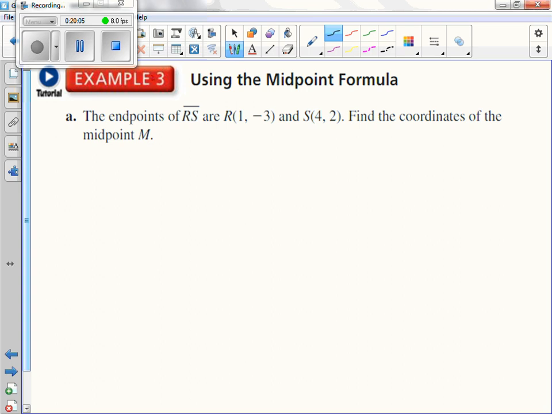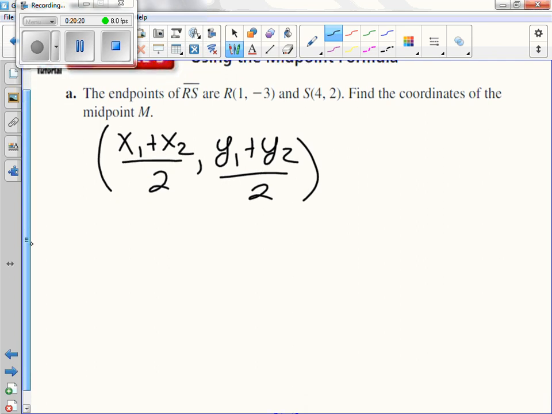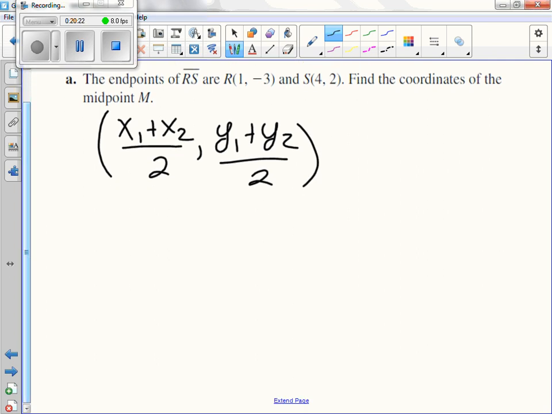So if I want to find the midpoint, given the two endpoints, we're going to use the formula x1 plus x2 over 2, comma, y1 plus y2 over 2. Now, let's find the x of the midpoint first. We're just plugging them in. x1 plus x2.